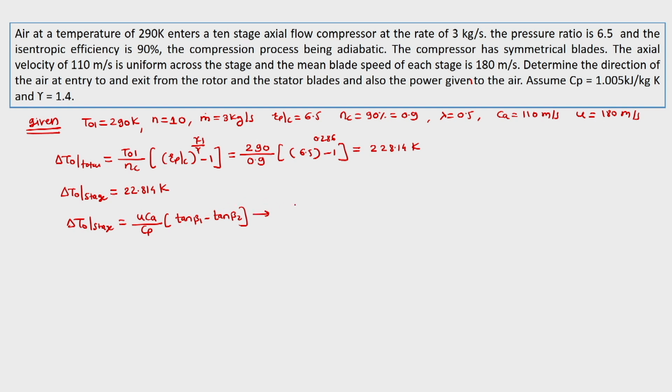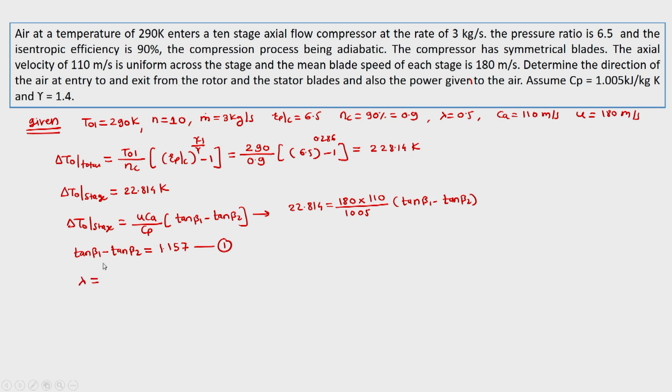So here we know that 22.814 is equal to 180 into 110 divided by 1005 into tan of beta 1 minus tan of beta 2, where 180 is U and Ca is 110. So we can get tan of beta 1 minus tan of beta 2 is equal to 1.157, and we will say it as equation number 1.